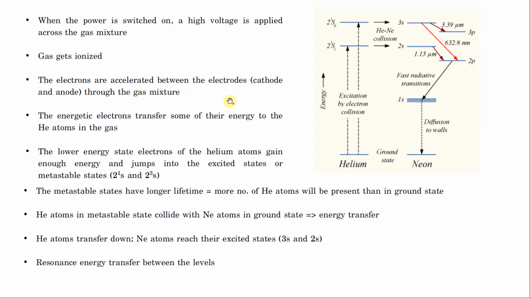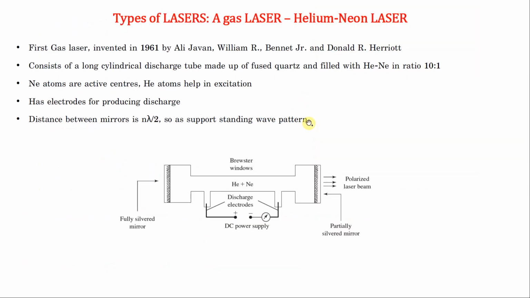So in another sense, I can say the electrons are being accelerated through the gaseous mixture between both the electrodes. So when ionization occurs, we obviously say that it produces more electrons. So the entire current which is being given by the power supply is going to produce lots of electrons which are going to be accelerated between both the electrodes.